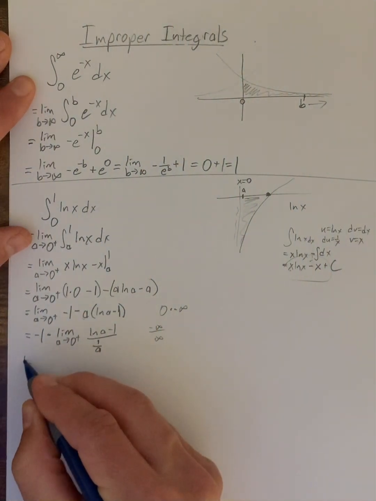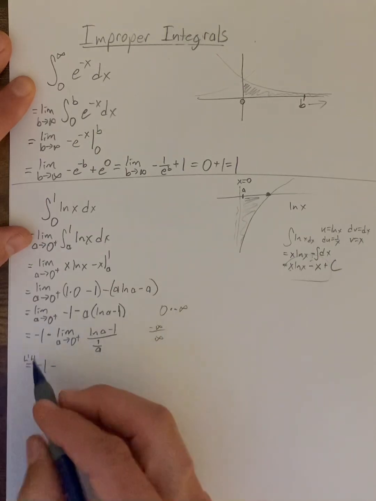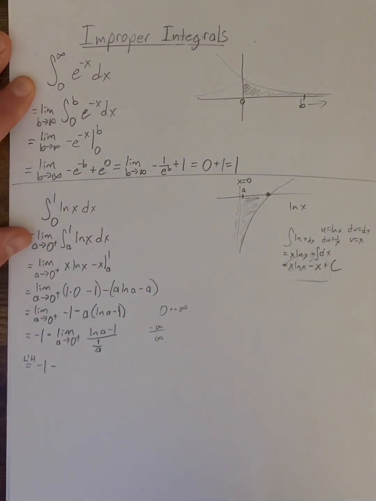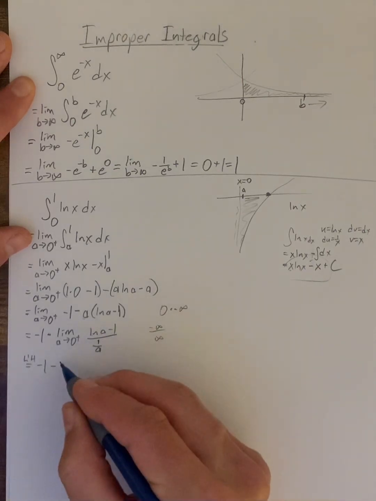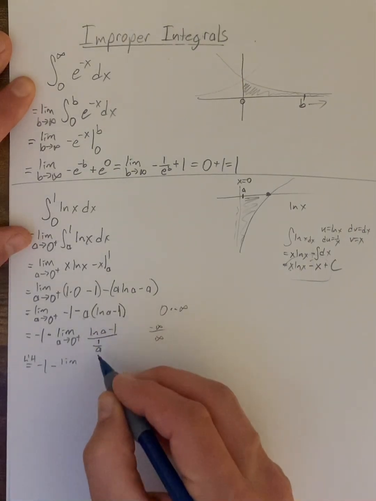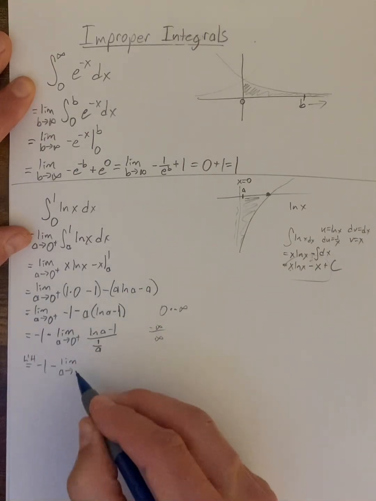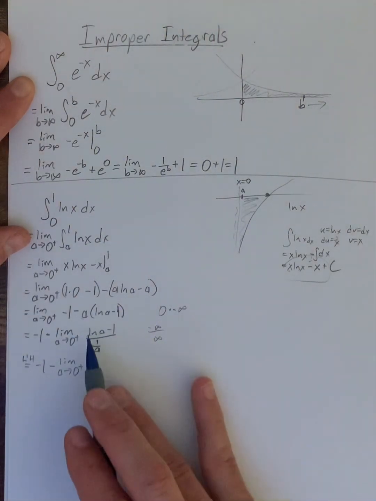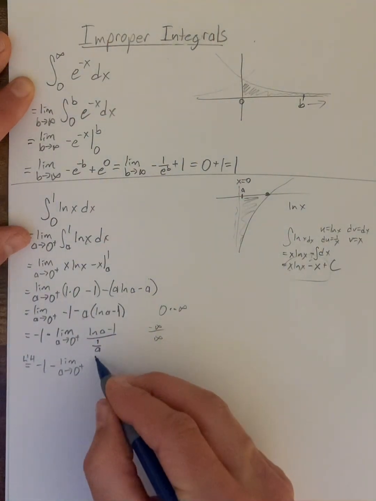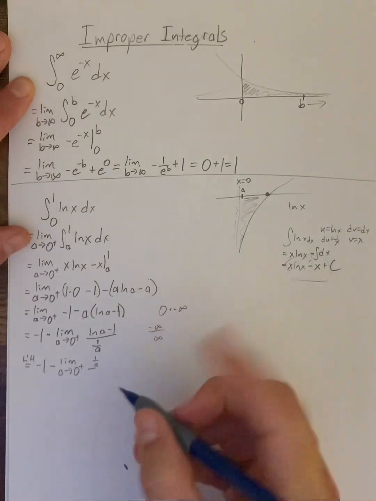Do you remember L'Hopital's? Hopefully you do. L'Hopital says, and I'm going to write an LH just so I remember, this is not equal in the sense that it's an algebraic manipulation, but L'Hopital says if it's an indeterminate form, infinity over infinity or 0 over 0, I can take the derivative of the numerator and the denominator. The derivative of natural log of a is 1 over a. The derivative of negative 1 is 0, by the way.